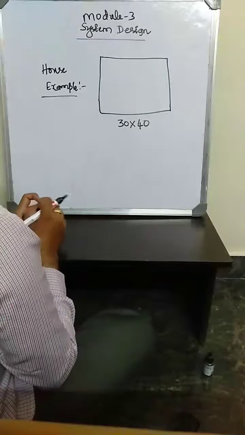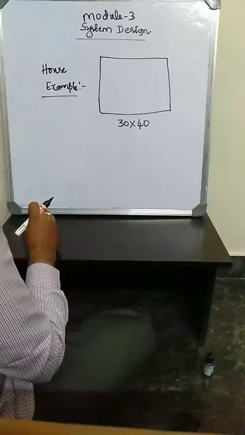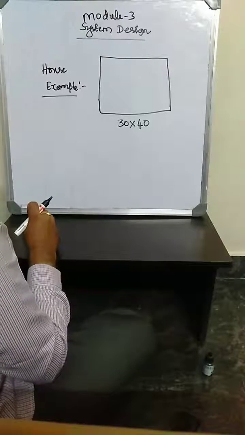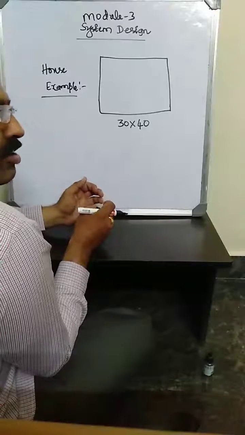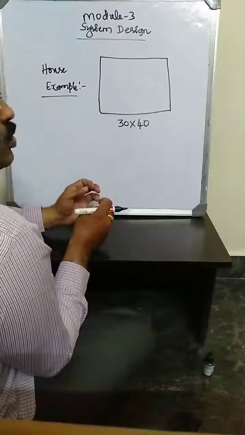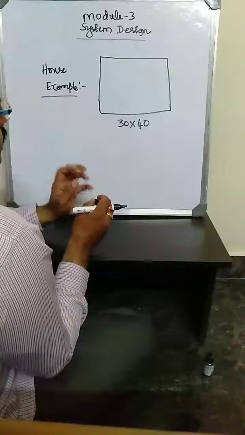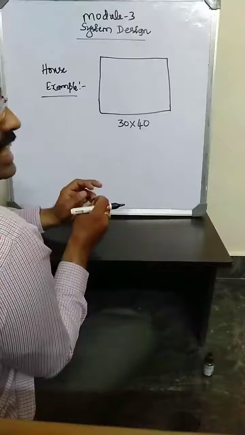In this, we need to construct a house. We need to plan it, and we all give much importance to Vastu, right? So in that context, if you give this sketch to an engineer, he will design it.